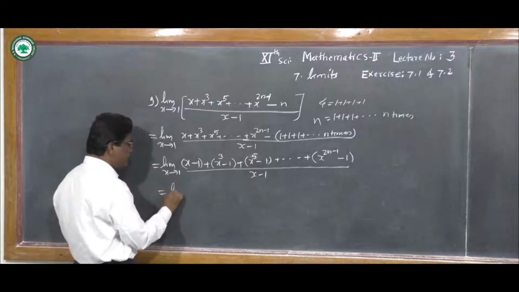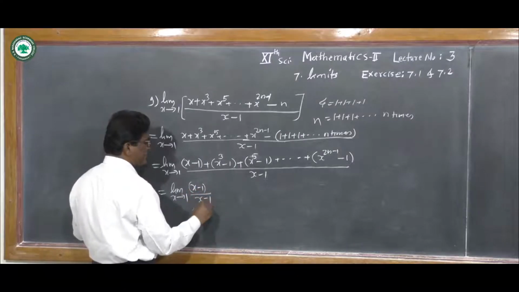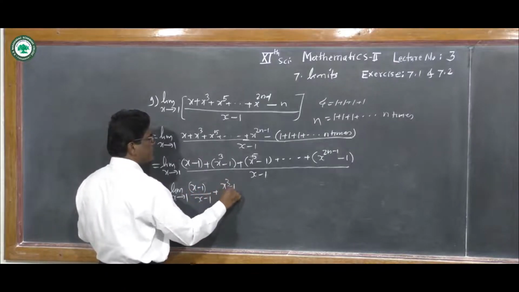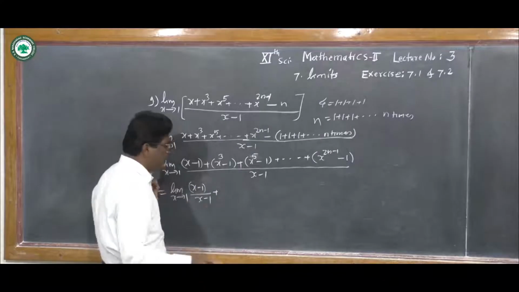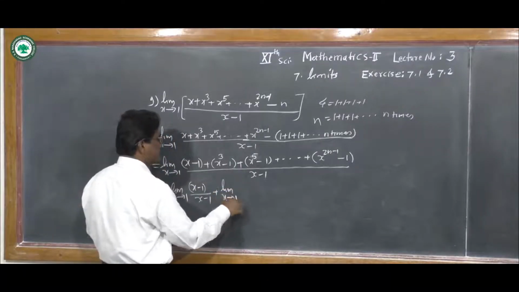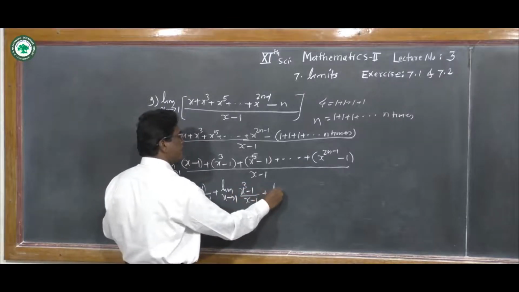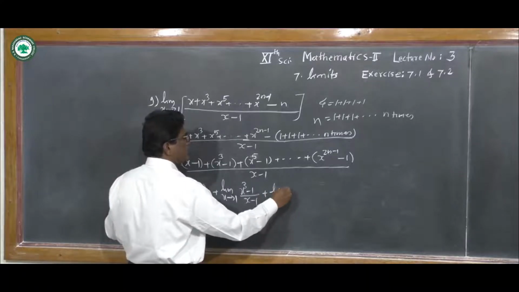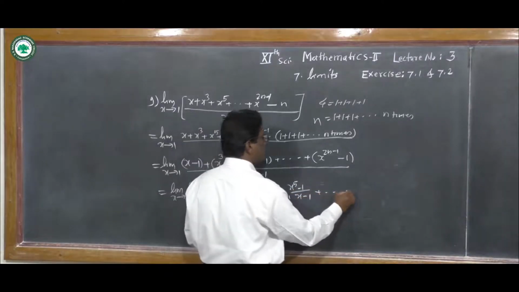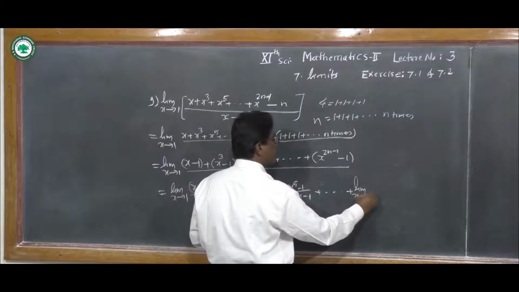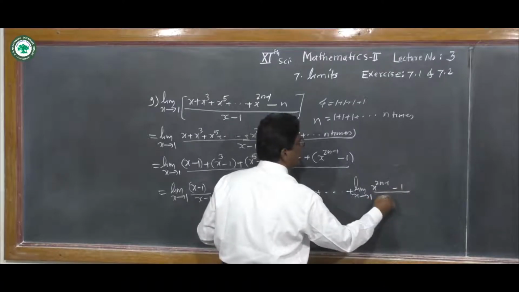So we get limit as x tends to 1, x minus 1 upon x minus 1, plus limit as x tends to 1, x cube minus 1 divided by x minus 1, plus limit as x tends to 1, x to the power 5 minus 1 divided by x minus 1, and plus up to dot dot plus limit as x tends to 1, x to the power 2n minus 1 minus 1 divided by x minus 1.